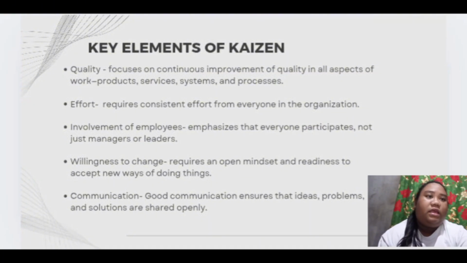It emphasizes that everyone participates, not just managers or leaders. Fourth, willingness to change. It requires an open mindset and readiness to accept new ways of doing things. And last is communication. Good communication ensures that ideas, problems, and solutions are shared openly.